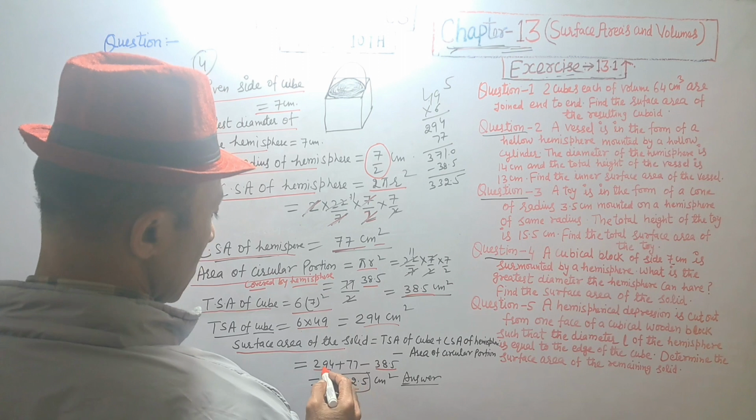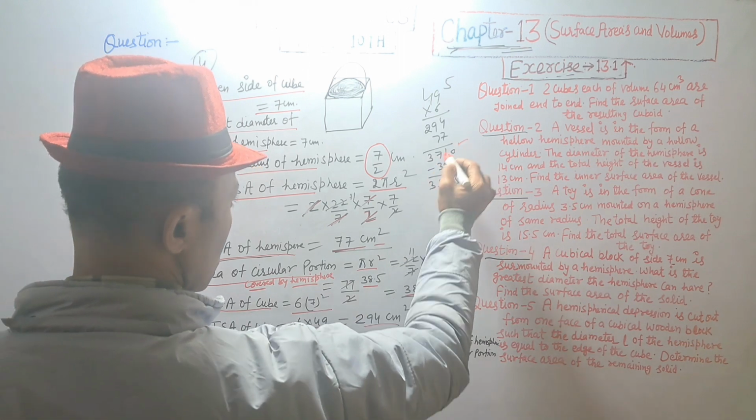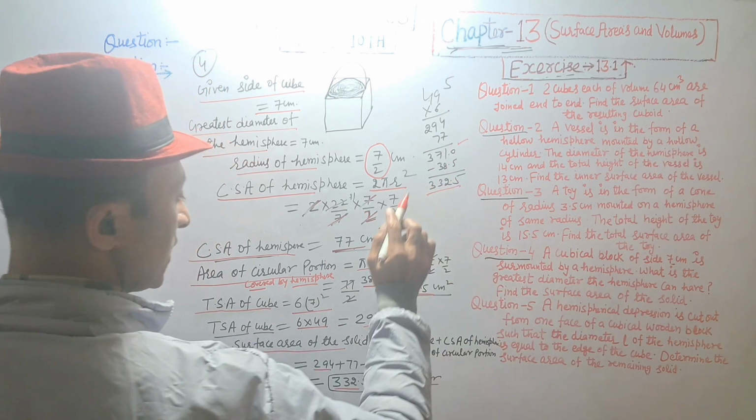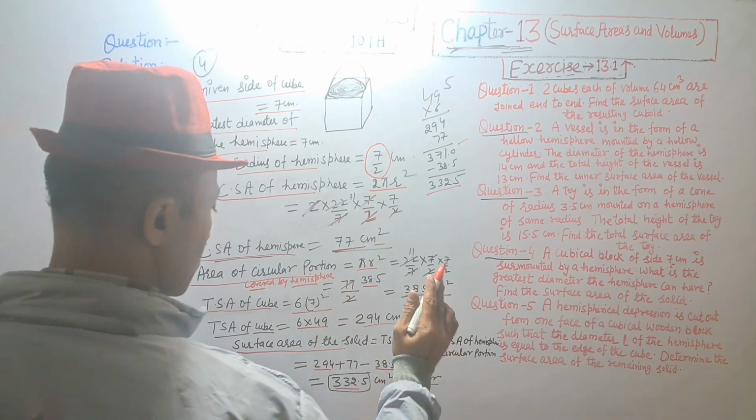We get 294 plus 77 is equal to 371 minus 38.5. We get 332.5 centimeter square. Answer.